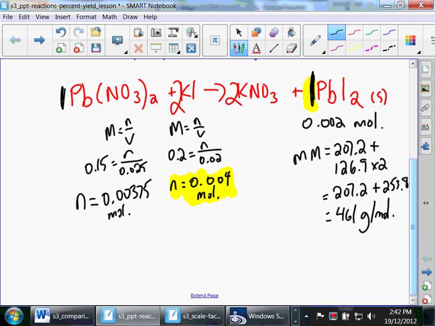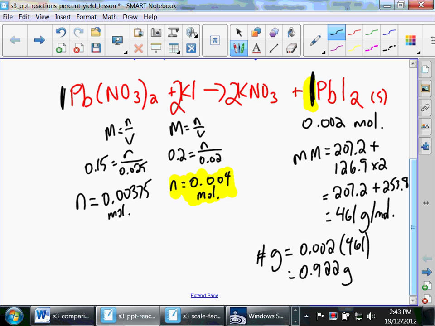So we have to take our 0.002 moles and multiply it by the molar mass. So the number of grams is going to be 0.002 times 461. Now that's going to be 0.922 grams.